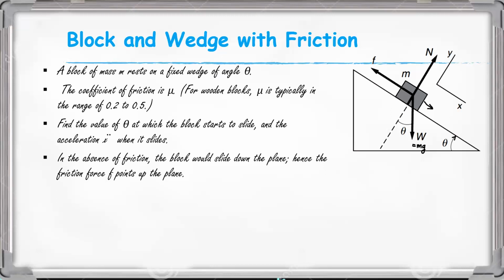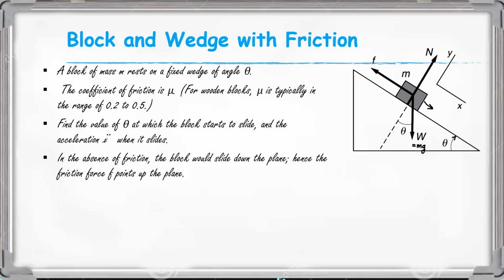In the absence of friction, the block would slide down. If there is no friction, the block will move downward. So here we consider that the block rests on the wedge.